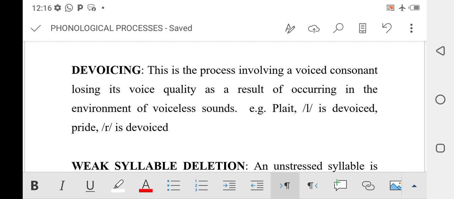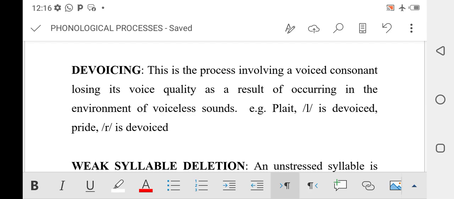Now this voiced alveolar lateral on its own is voiced, and P is voiceless. But when P and L come together, the L loses its voice nature and becomes voiceless. For that reason, we say that L has become devoiced.